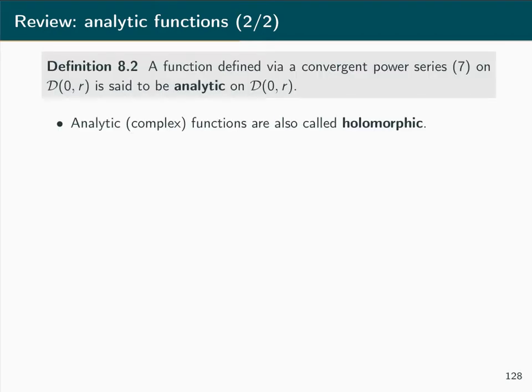Now, definition 8.2 states that a function that's defined in the way we have just described, so by a convergent power series on a disk with radius r, is said to be analytic on this disk. Analytic functions in complex analysis are also often called holomorphic functions. So analytic and holomorphic can be regarded as synonyms.